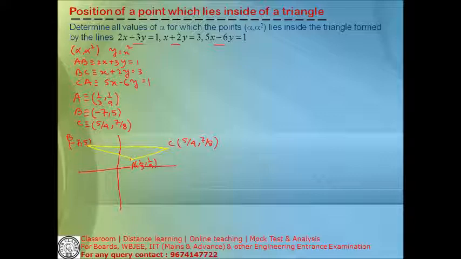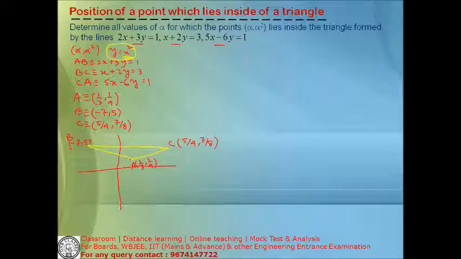Now we have to draw the curve y is equals to x square. It's a parabola. First of all we have to think where this parabola is intersecting these straight lines, I mean the sides of the triangle, that is where it is intersecting the sides AB, BC as well as CA.